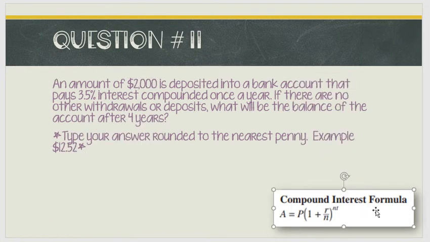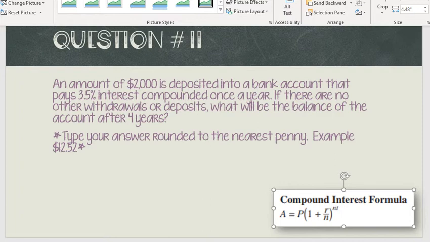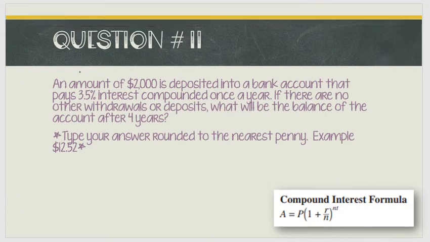Okay, so we need to use this compound interest formula to help us out in number 11. In my compound interest formula, we have some different variables we need. We need our initial principal.